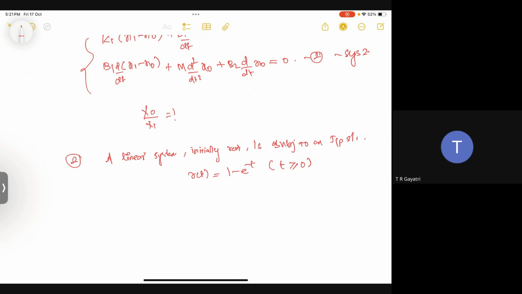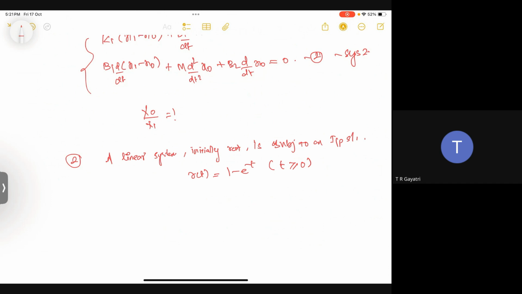So for all t greater than or equal to 0, this will be 1 minus e power minus t. For t less than 0, they didn't give any condition. Okay, the condition is the system, the input is causal. It will start only at 0.